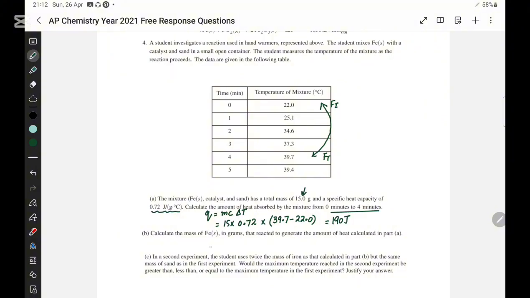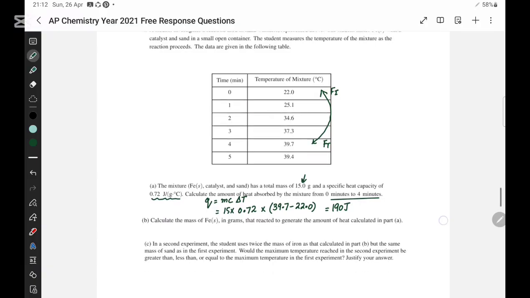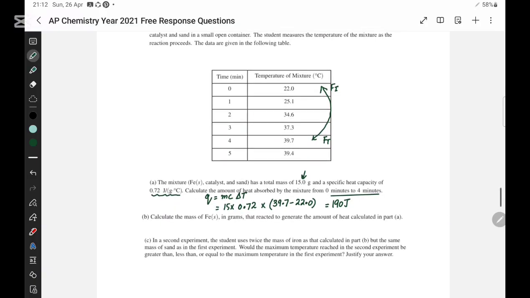And in the next question, they are saying calculate the mass of iron in grams that reacted to generate the amount of heat calculated in part A. So we know there is a formula that enthalpy change is equal to Q divided by number of moles, and we want to find the number of moles, so Q divided by enthalpy change.